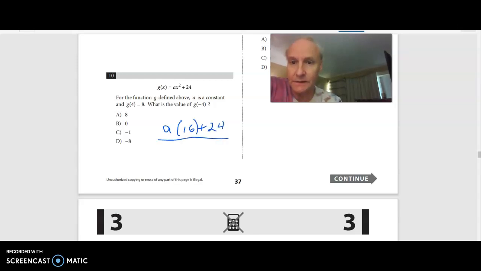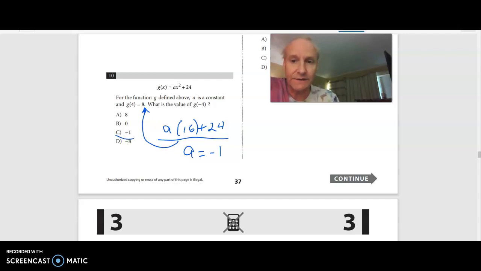What is this? Well, this is 8, like they told me. And if that is 8 and I solve for a, I can find what a is using this. So I subtract 24 on both sides and I get -16, and then I divide by 16. So I know a is -1.